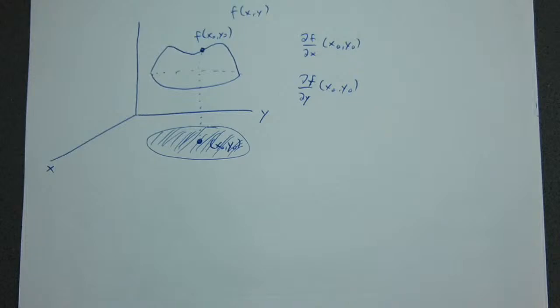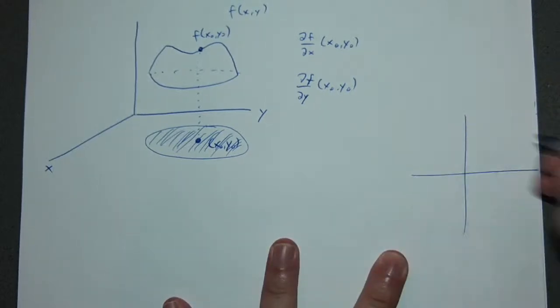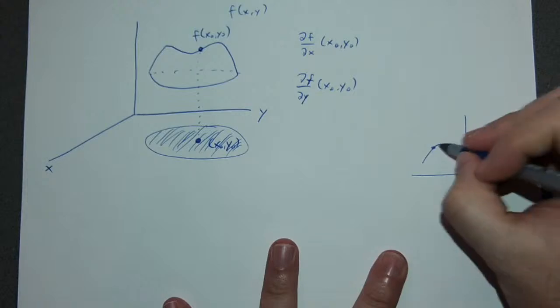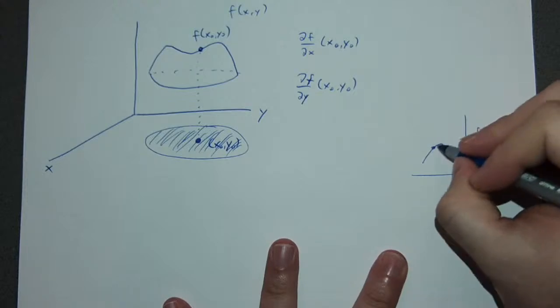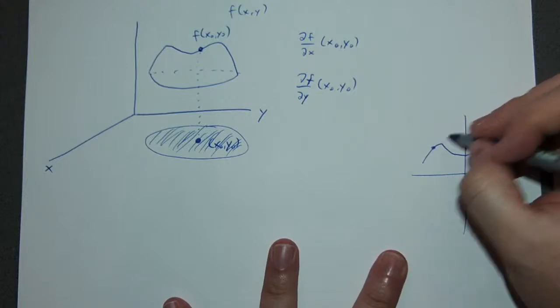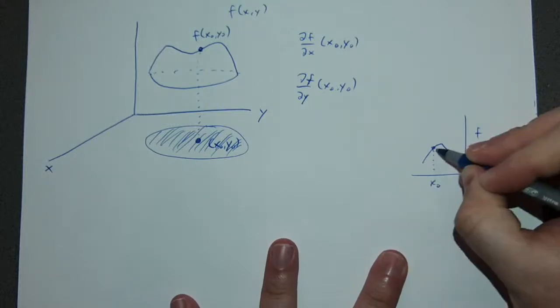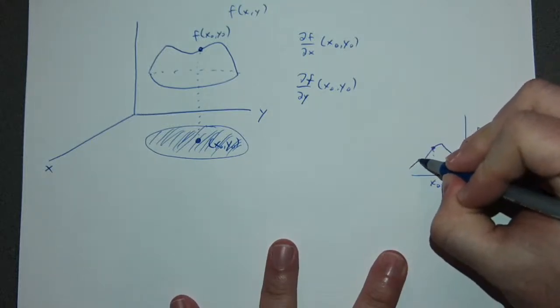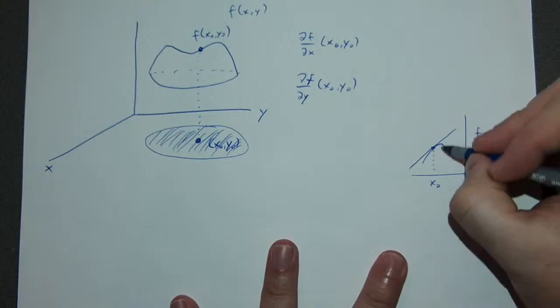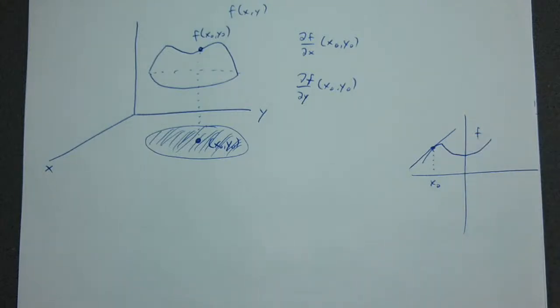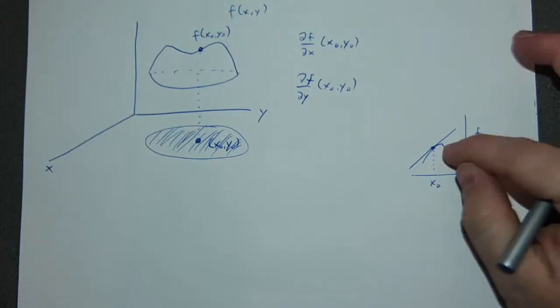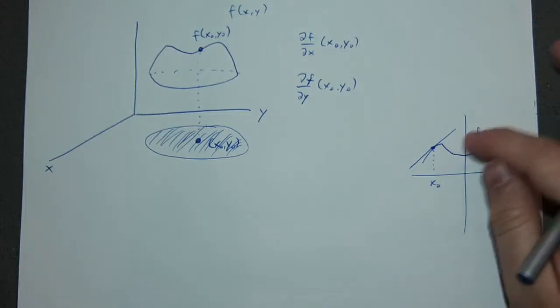So going back really quickly, here's my function. If I have my function f and I'm computing the derivative at this point, what did it tell me? Well, you might say it told me the slope of the line tangent to the graph of f at that point, but that slope also represented a rate of change. It told me the rate of change of the graph of this function at that point.